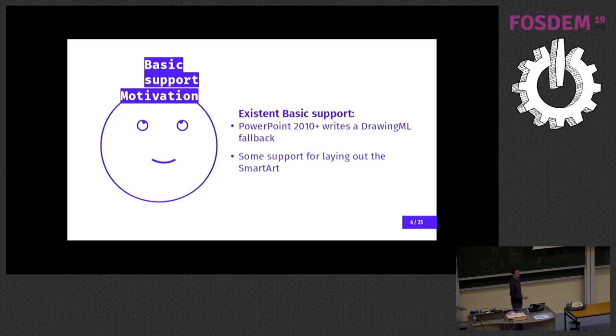But when that fallback drawing is not there, then life is much more challenging. So we had a number of cases where the output was basically either nothing or some letters rendered on top of each other, and that's basically it.